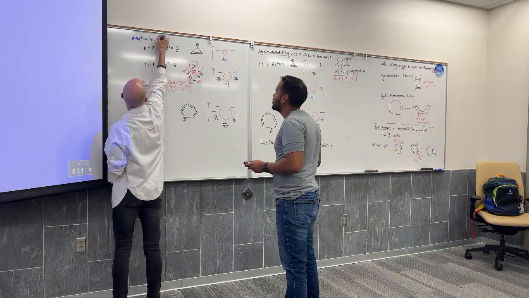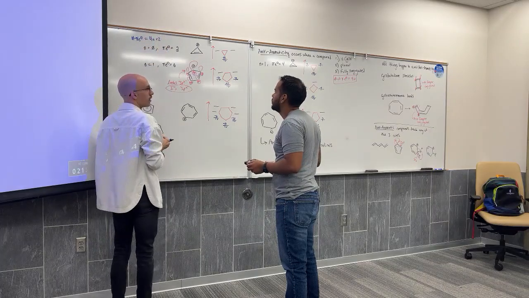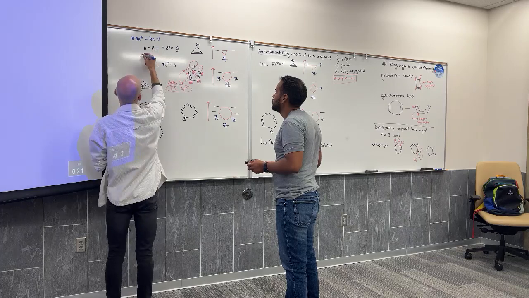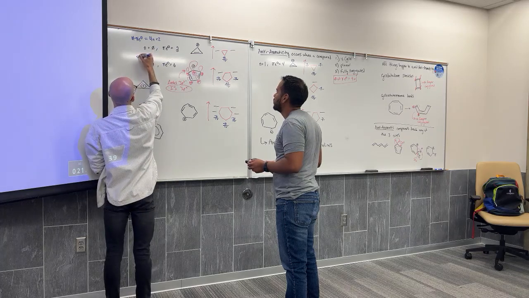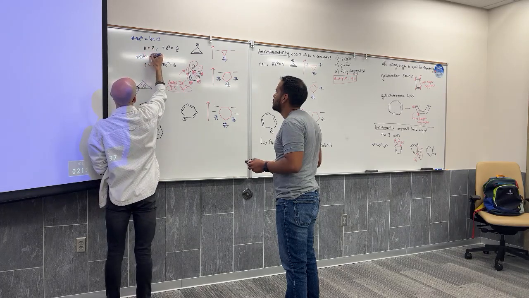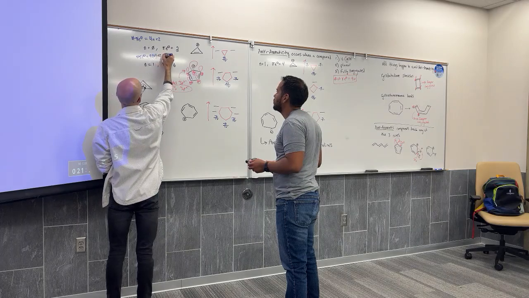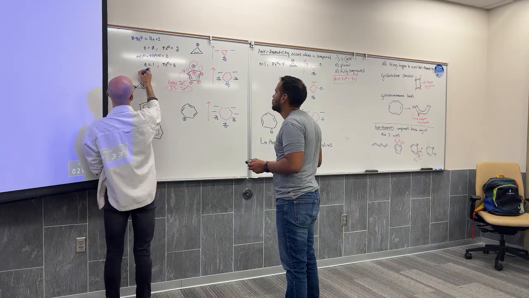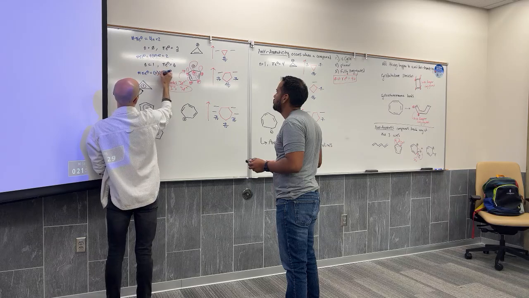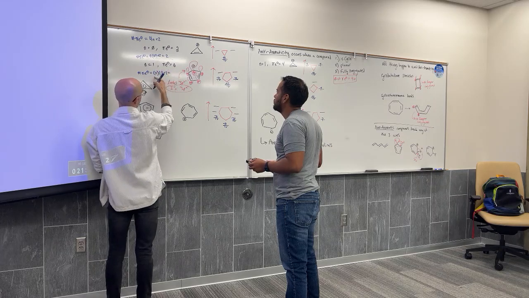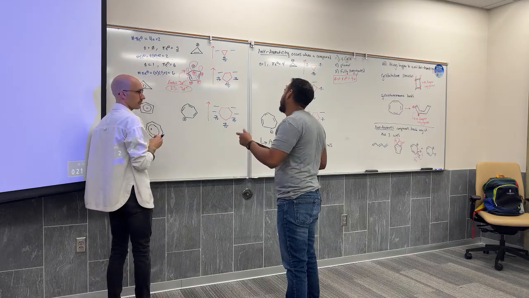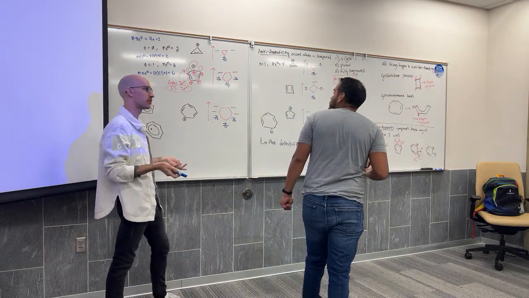When n equals 0, the number of pi electrons equals 4 times 0 plus 2, which equals 2. Or when n equals 1, the number of pi electrons equals 4 times 1 plus 2, which is 6. So we're just looking at solutions to the equation.